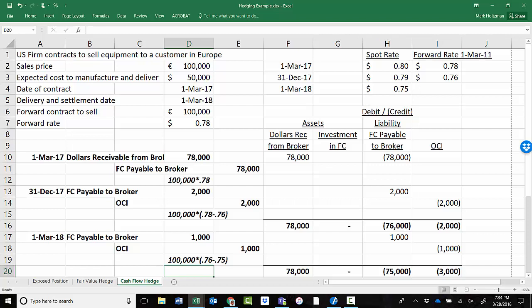Specifically, I'm supposed to get 100,000 euros, and I don't know what 100,000 euros is going to be worth on March 1st, 2018. It could be worth more, it could be worth less. I just don't know. But I want to know how much money I'm going to get, and I don't want to worry about it. So this is a cash flow argument. It's not a balance sheet and income argument. It's a cash flow argument.